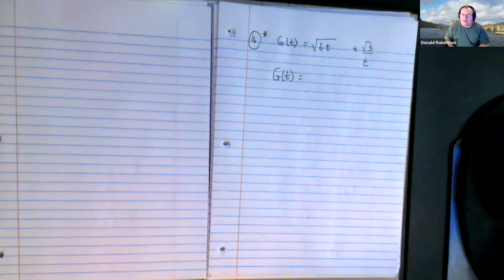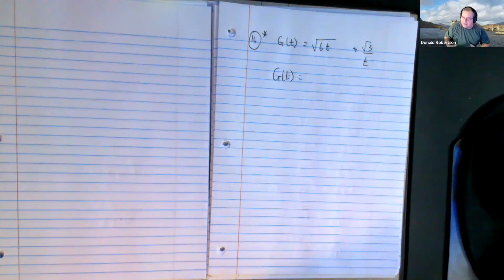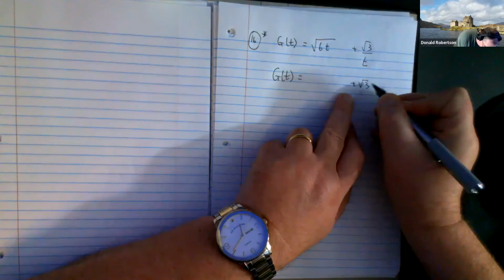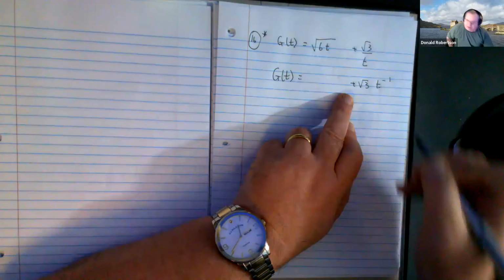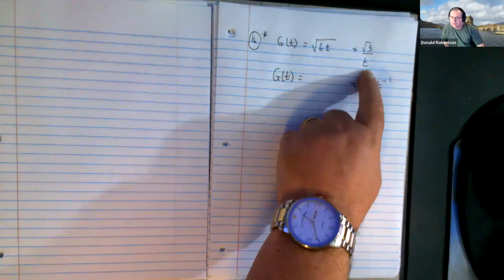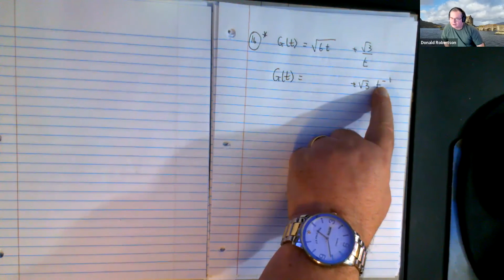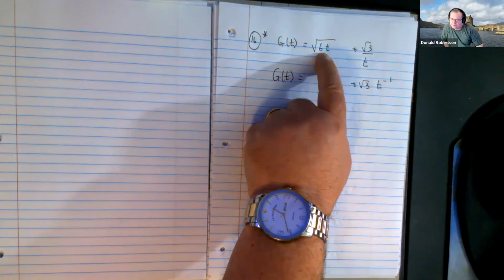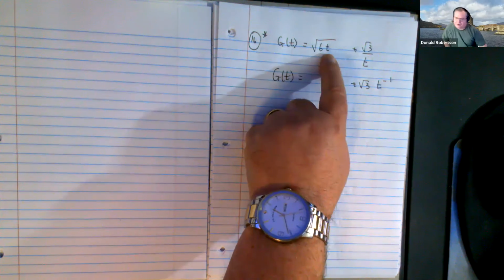I need to rewrite anything that's here in a form that I can use, a fractional power of t. Now this one here, I hope isn't too much of an issue. Are you comfortable with that being called that? Right, a t on the bottom is that. Now have you noticed that all of this is inside the square root? Not just the 6, and it's not just the square root of t, it's the square root of 6t.